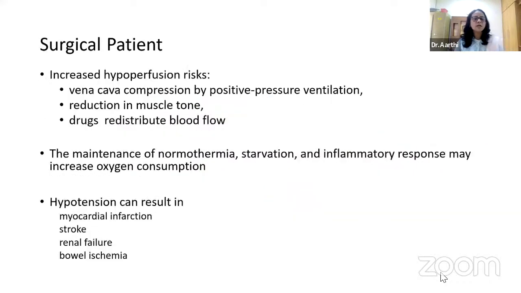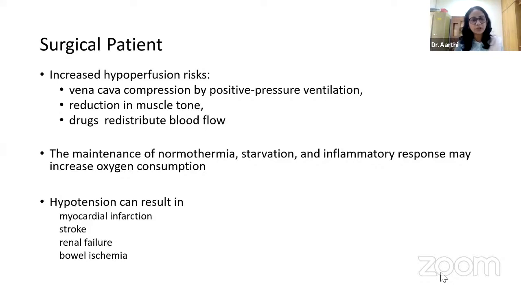Appropriate and early application of diagnostic information from hemodynamic monitoring has been shown to reduce mortality with respect to shock. Coming to specific emphasis on surgical patients, we talk about a lot of hemodynamic monitoring in critical care patients, who are critically ill with multiple reasons for circulatory dysfunction and extensive comorbidities.